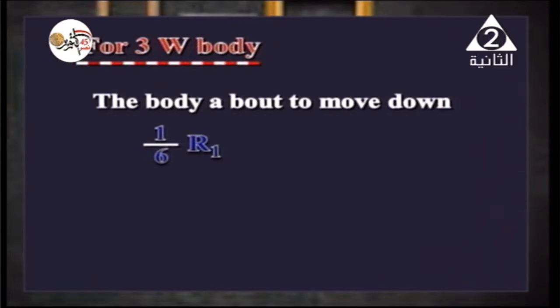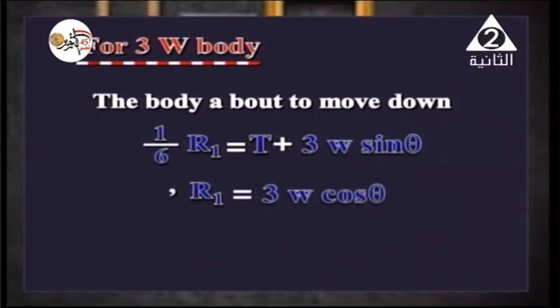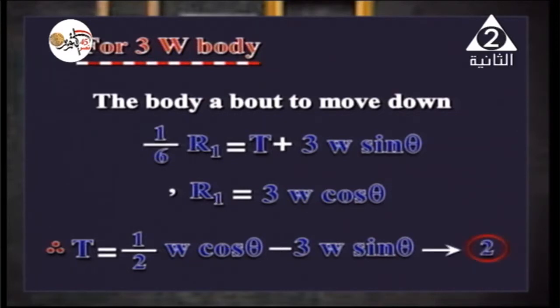Therefore, from the opposite graph, we deduce that 1/6 R equals T plus 3W sine theta, the first equation for this body. Second equation, R1 equals 3W cosine theta. By substitution of R1 equals 3W cosine theta, we find the relation between tension and theta. Therefore, T equals half W cosine theta minus 3W sine theta, this is equation 2.